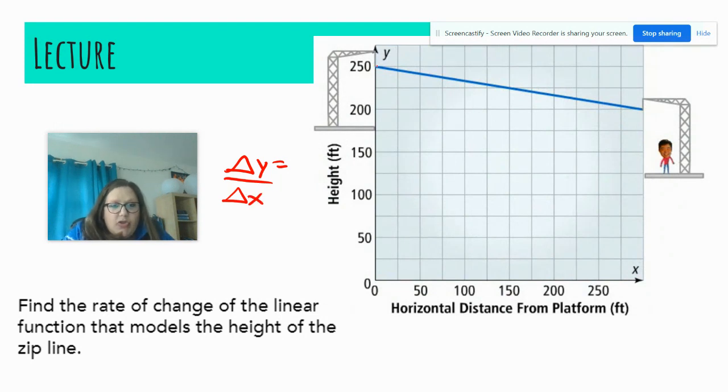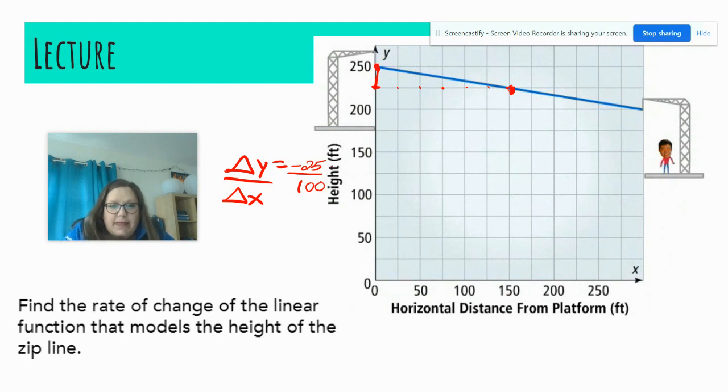So I see here we're starting at 250, and then I'm looking for my next perfect point, which is here at 150, if you guys can see that. So we're going to go down, and then halfway between 250 and 200 would be 25. So we're going down 25. And then we're going over 1, 2, 3, and then we're going over to 100.